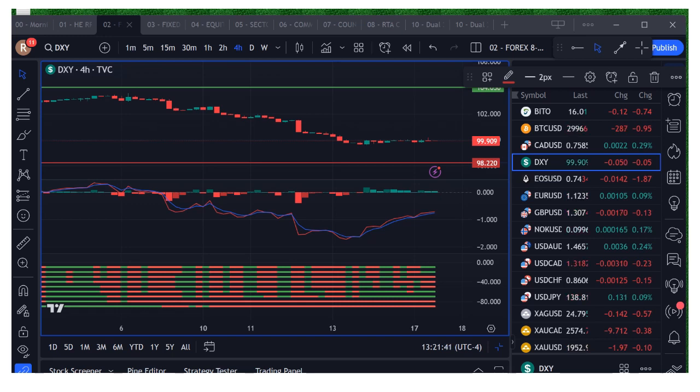live market conditions. It's currently just a little after lunchtime on July 17th, 2023, and as you might expect, we're going to begin with Forex, and the first one we're looking at is the US dollar.